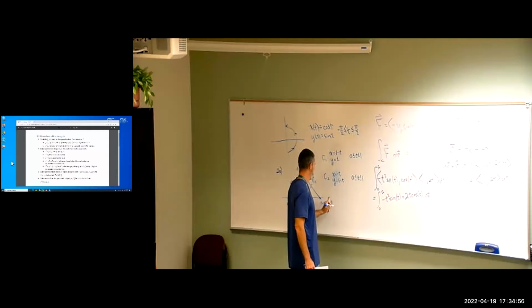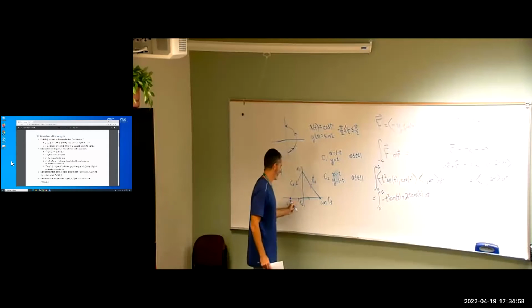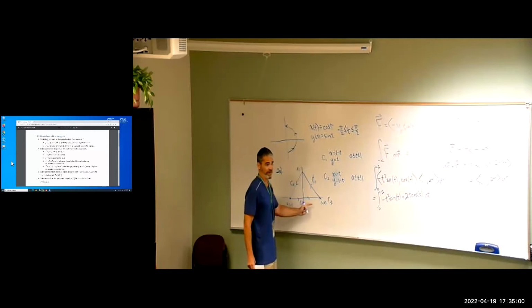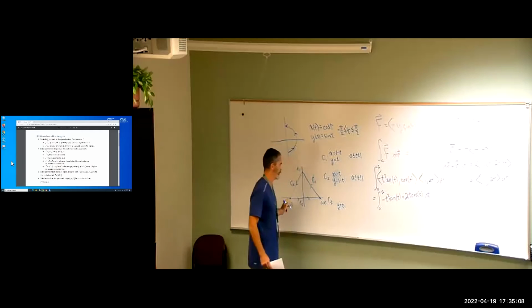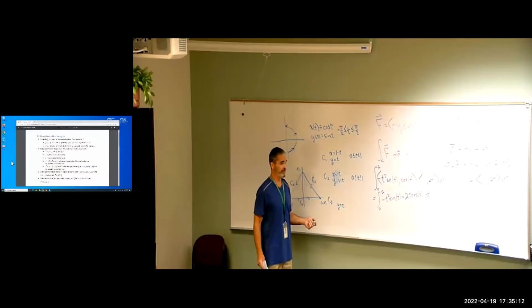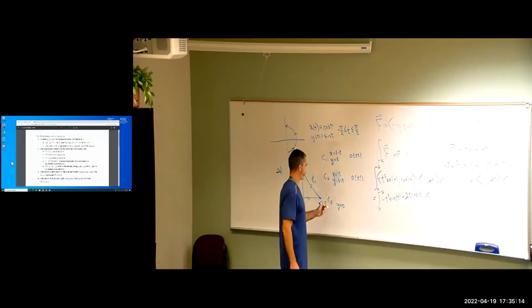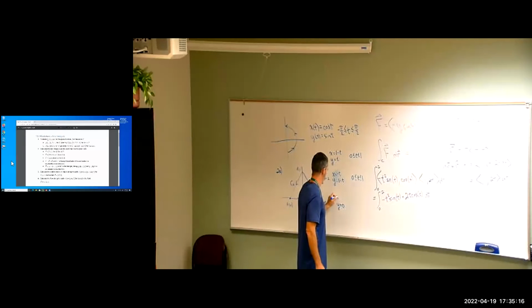Lastly, C3. Well, first off, Y is 0 the whole time, and X has to go from -1 to 1. A couple different ways we can handle this. Here's one way. We can let X equal T minus 1.